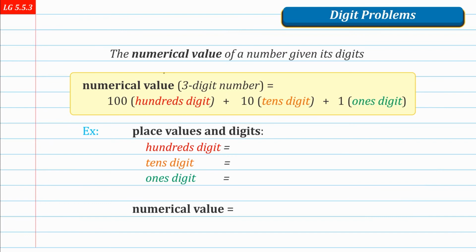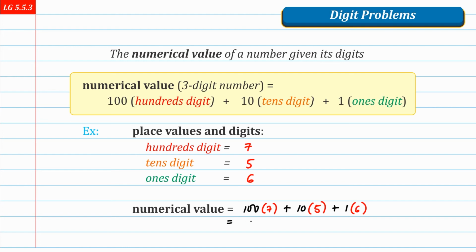Last na po tayo. Meron po tayong tinatawag na numerical value. So, digit problems, numerical value. Pag sinabing numerical value, halimbawa, ang hundreds digit mo is 7, ang tens digit mo is 5, ang ones digit mo is 6. To get the numerical value, 100 times the hundreds digit, so it's 100 times 7 plus 10 times the tens digit, which is 5, plus 1 times the ones digit, which is 6.